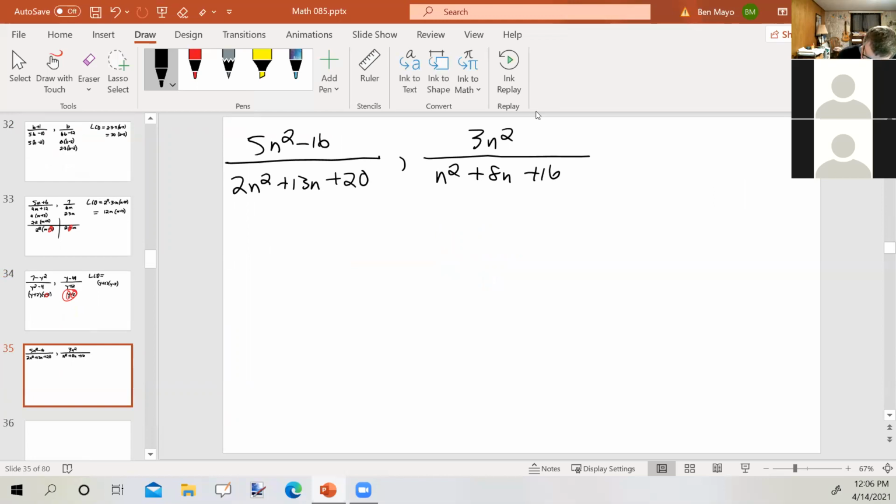I'm going to factor the second one because that's the easy one. That's going to be an n and an n and a plus 4 and a plus 4, which is n plus 4 squared. Okay.